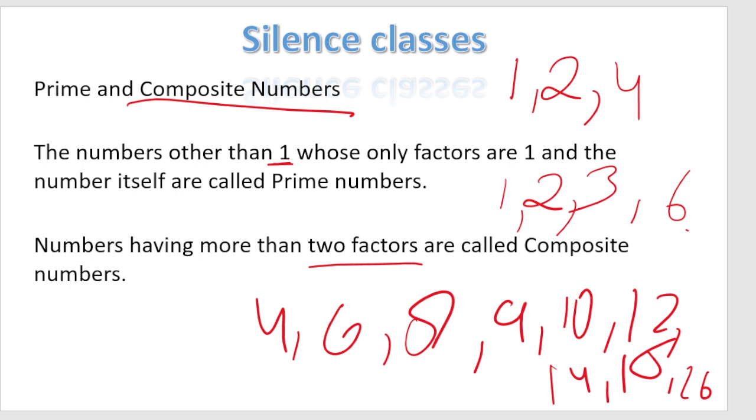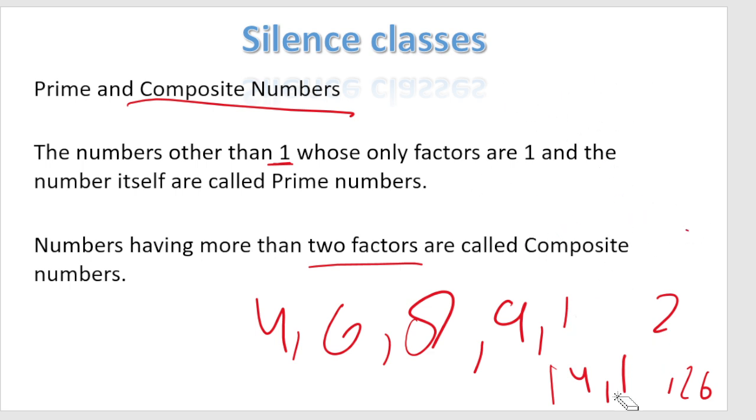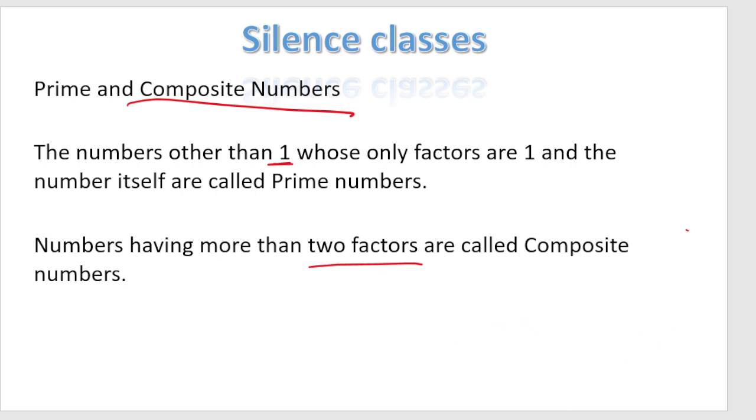All these are having more than two factors. So I hope you guys understood what are composite numbers and what are prime numbers.